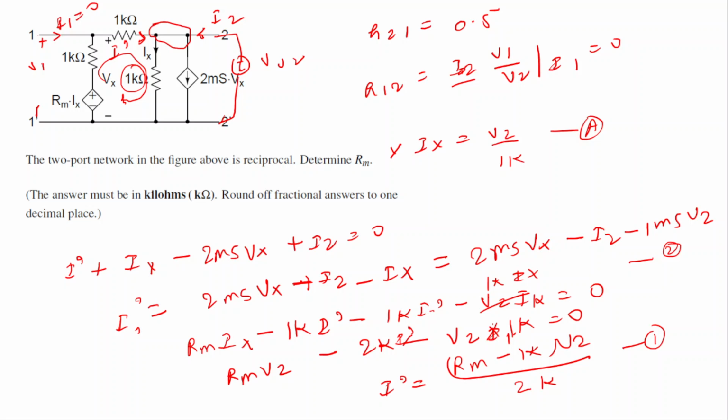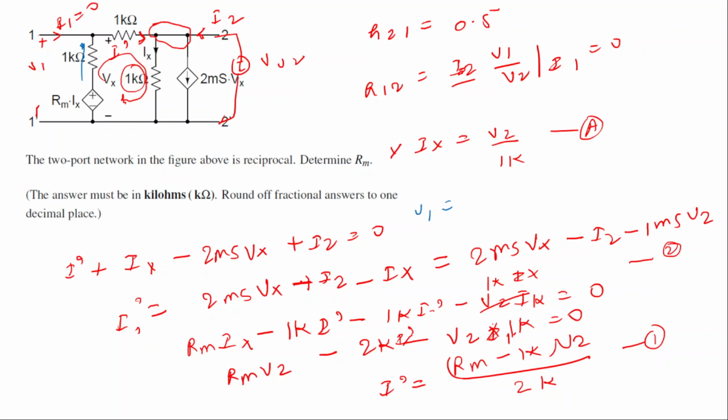Okay, so for this H12 we need to find the V1. So our V1 is equal to the voltage drop across this plus the voltage drop across this. So this current I dash is flowing in this direction.